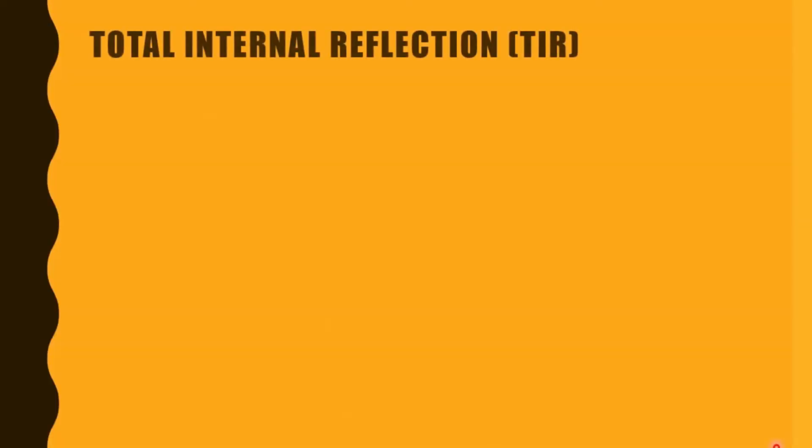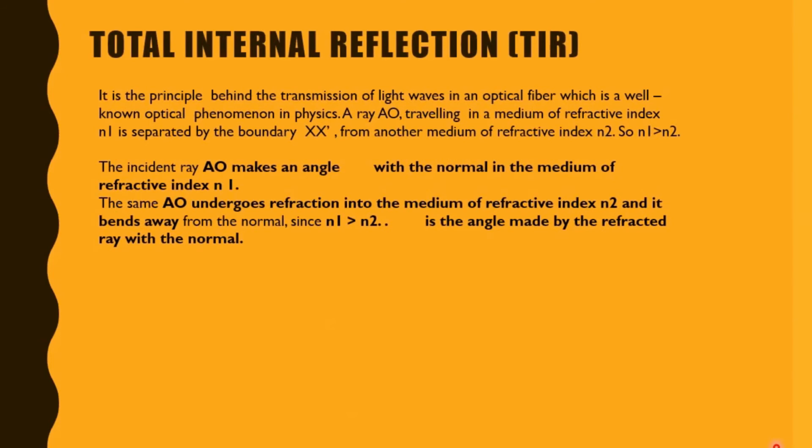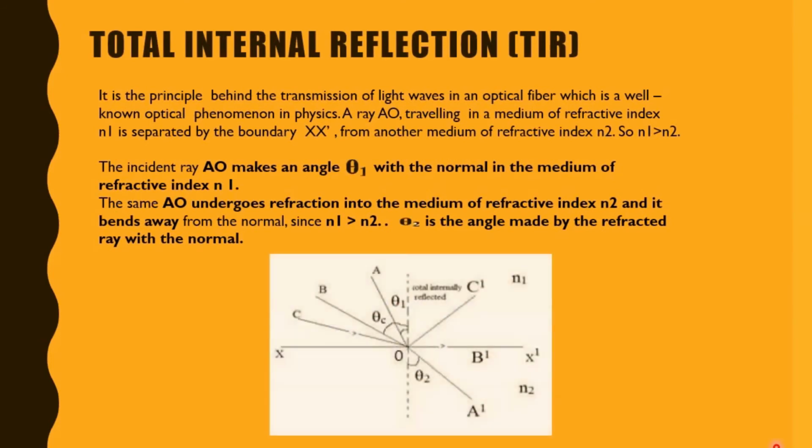Now we will see what total internal reflection is, in short TIR. It is the principle behind the transmission of light waves in an optical fiber. That means optical fibers follow total internal reflection, which is a well-known optical phenomenon in physics.